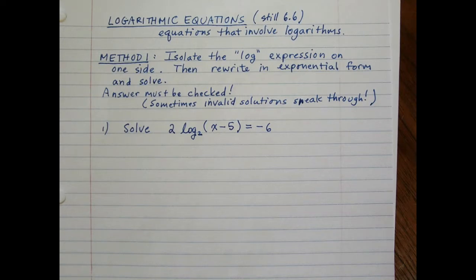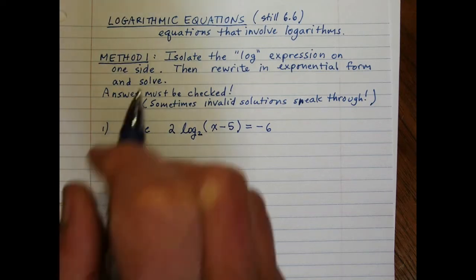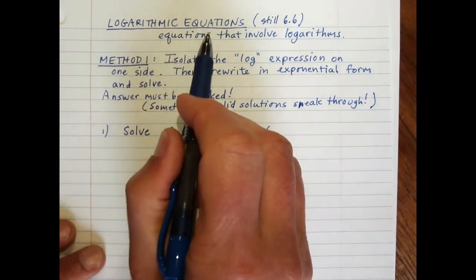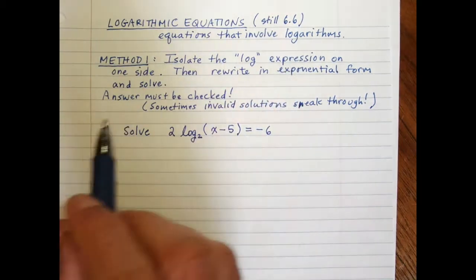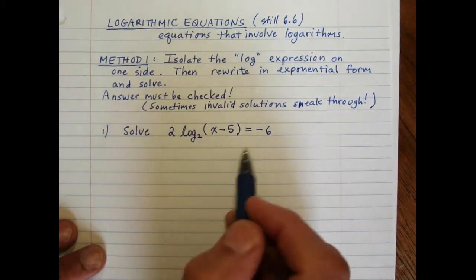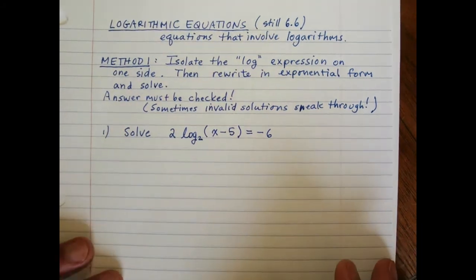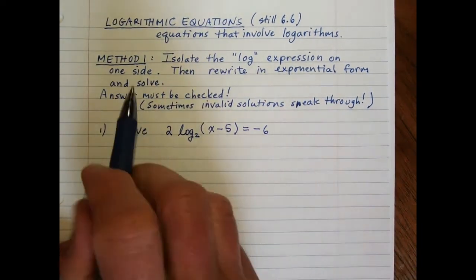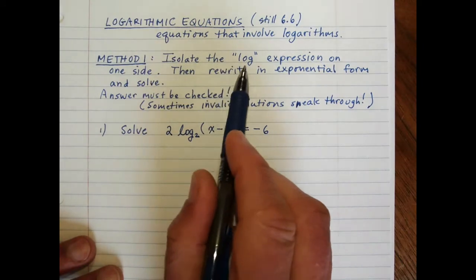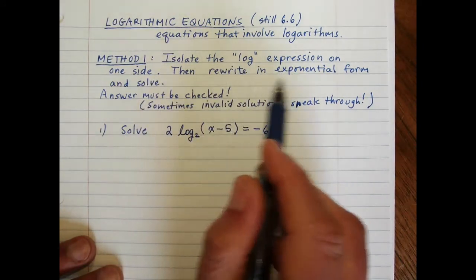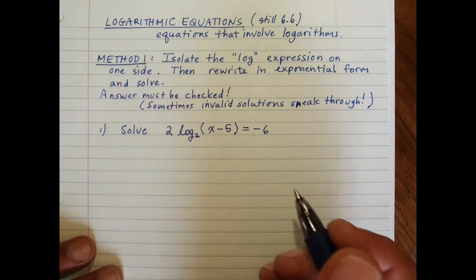So we still have one more kind of equation to talk about in this section 6.6. We're going to look at a few examples of logarithmic equations, equations that have logarithms right in the original equation. And we're going to look at a couple different methods for solving. The first method is just to isolate the log expression on one side, then rewrite in exponential form and solve.